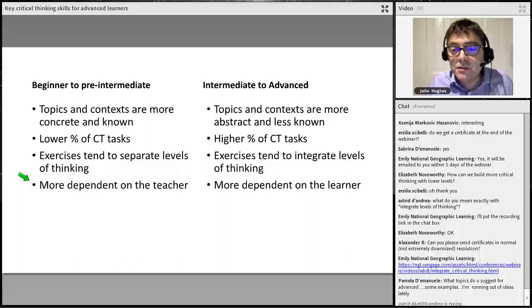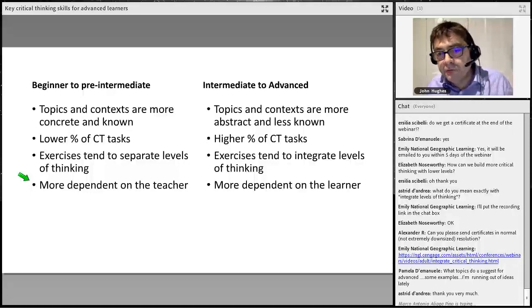Topics suggested for advanced, Pamela. If you look at the advanced levels of books like Life, we do all sorts of topics, and quite often the texts are taken from authentic sources. So it might be things you come across in magazines or newspapers. National Geographic is a really good source of interesting articles.